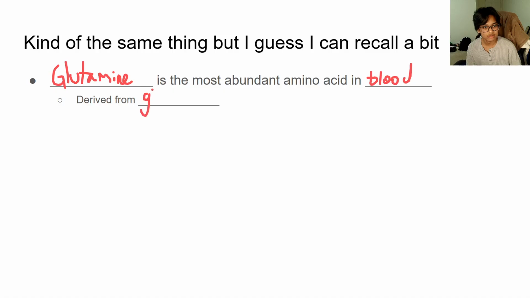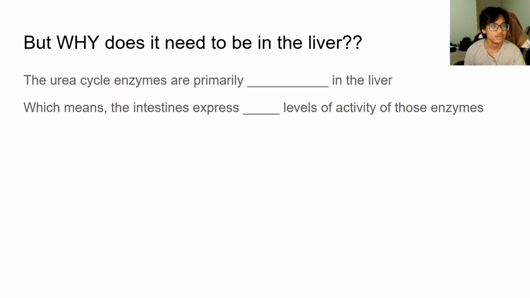And glutamine is derived from glutamate. Glutamate's pretty important, but I don't know if he talks about how important glutamate is. So why does the ammonia need to be transported to the liver?